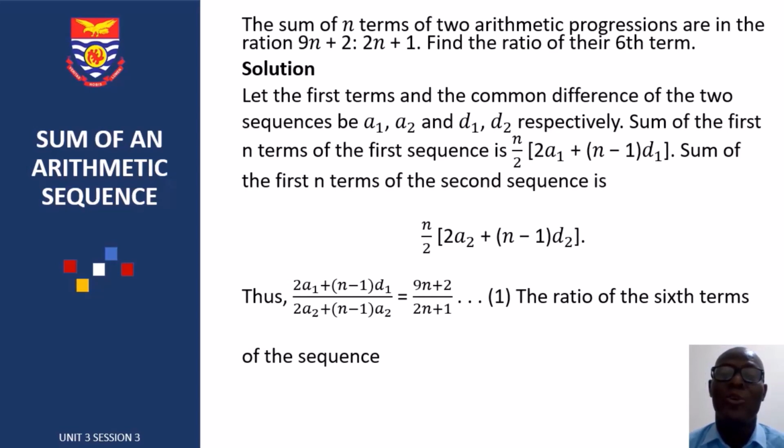Now, when we find the ratio of the first sequence to the second sequence, we have 2a subscript 1 plus into braces n minus 1 multiplying d subscript 1 divided by 2a subscript 2 plus into braces n minus 1 multiplying d subscript 2, which equals the ratio given in the question, 2 plus 9n over 2n plus 1, and that gives equation 1.